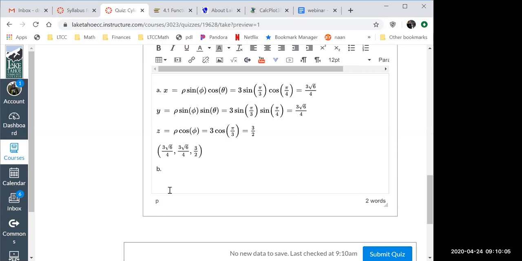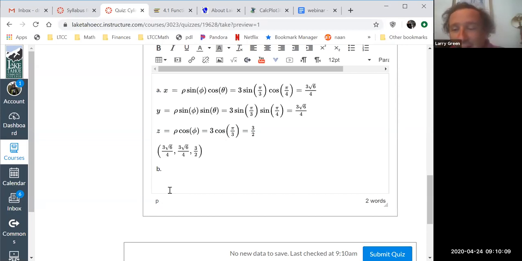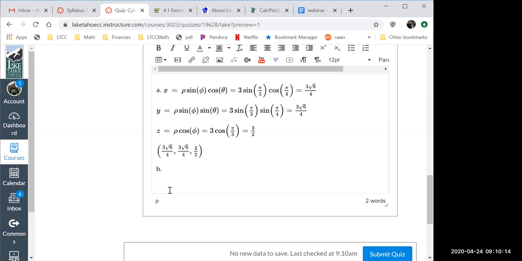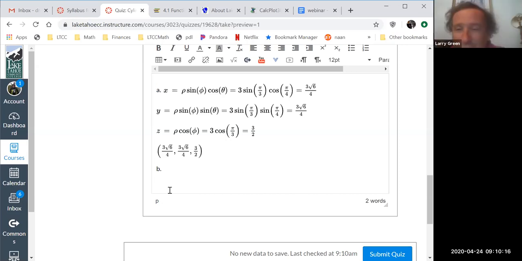X squared plus y squared, well, the square root of those. Right, but in terms of rho, theta, and phi. If you don't remember, then maybe we'll go right from rectangular, because you can always do that.